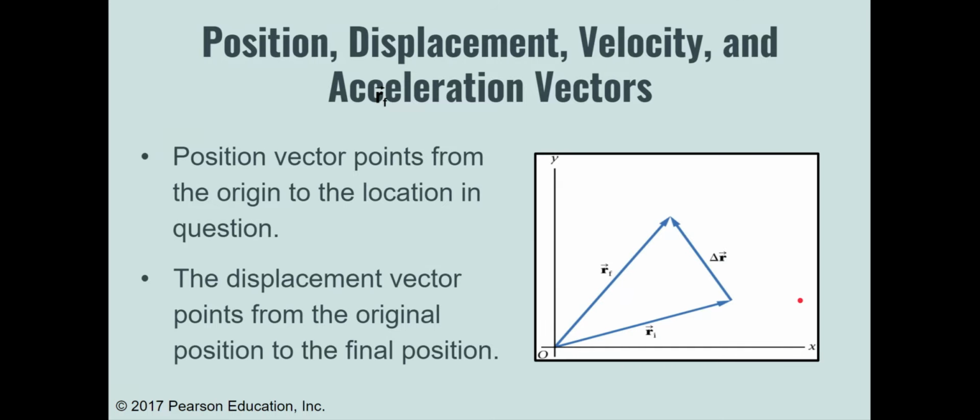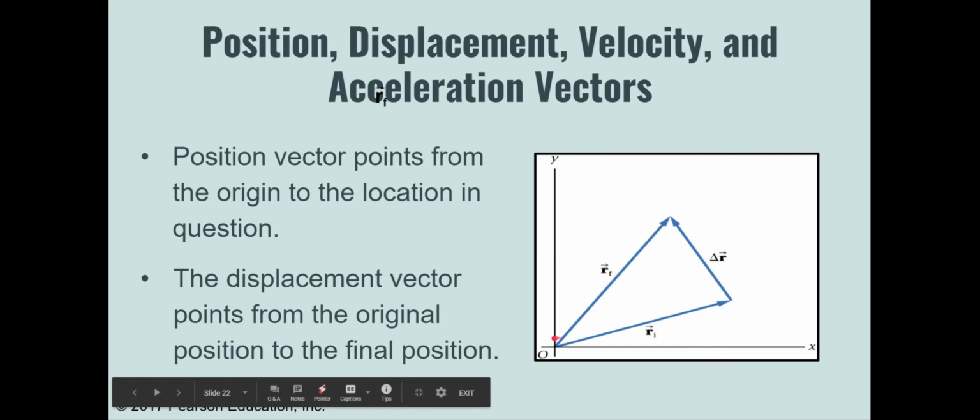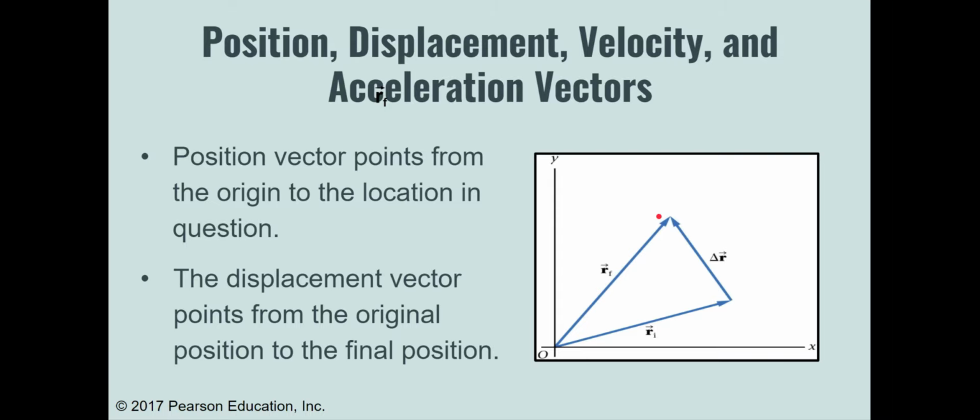So a position vector will point from a particle or object's origin. So in this case here, and that's because we drew this coordinate system. So here was our origin. And it will go to the location in question. So we see our initial position and we see the final position. And the change in position is simply this vector here.